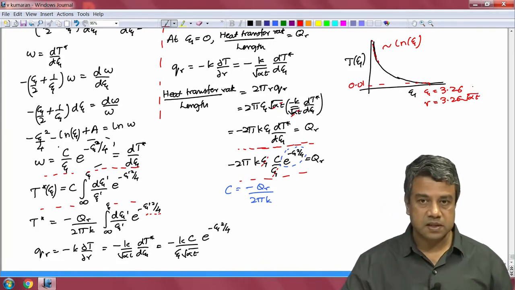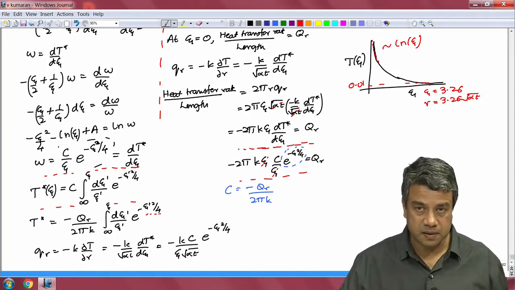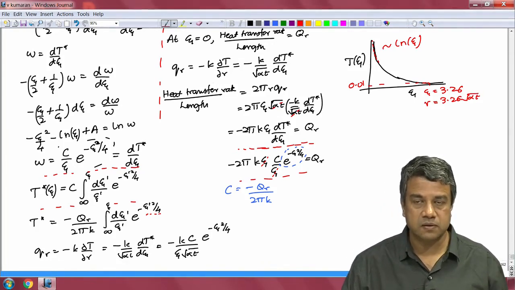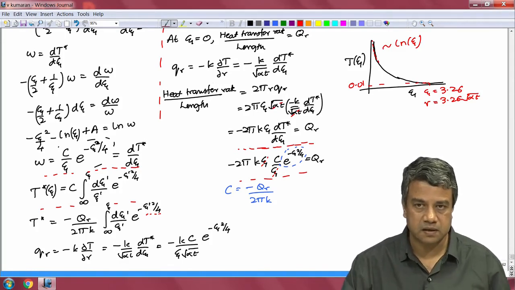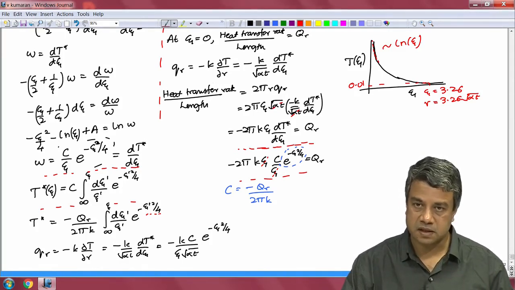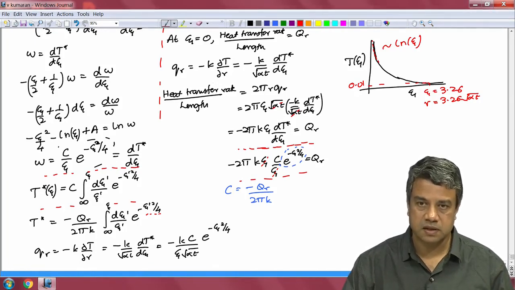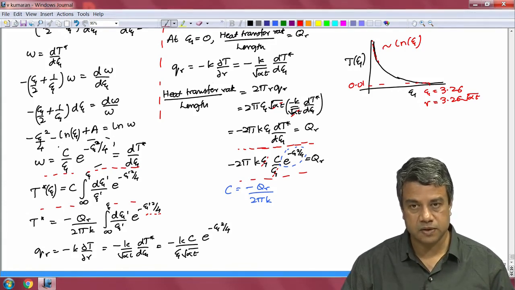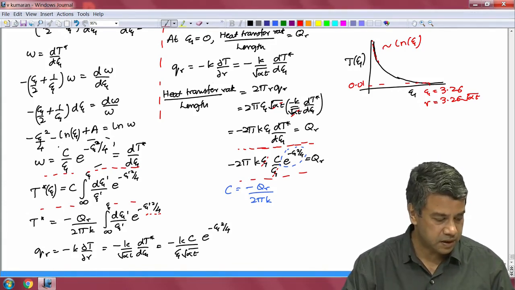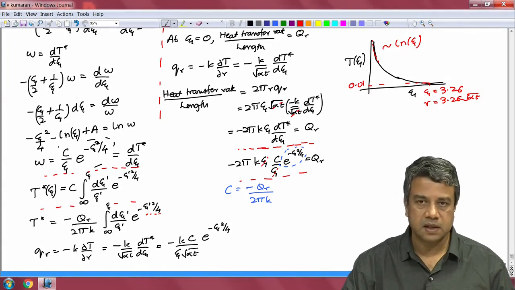So, that square root of alpha t is a penetration depth of the heat flux into the fluid surrounding the wire. In this particular case, the temperature does go to infinity from the solution. It goes as integral of 1 over psi. The heat flux goes as proportional to 1 over psi as psi goes to infinity, in such a way that the heat transfer rate is a constant.